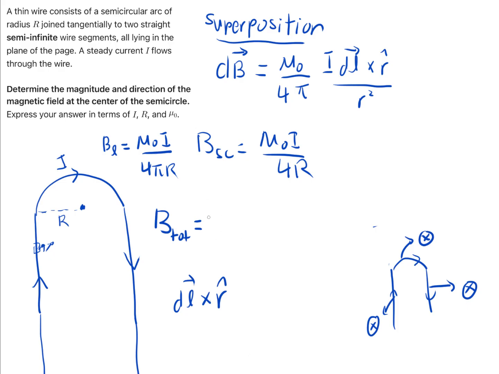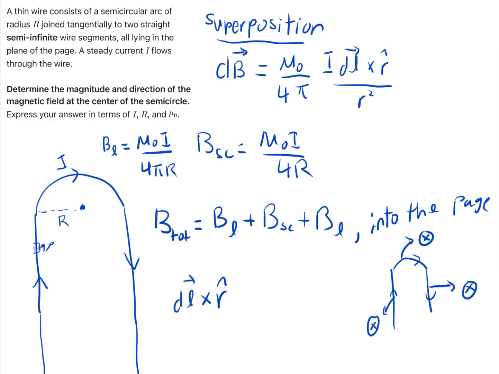So we can just sum their magnitudes. So that's the magnetic field magnitude from the line. You can add it to the one from the semicircle and add it again to the other one from the other line. And they're all pointing in the same direction. So the direction of the total magnetic field is going to be pointing into the page.